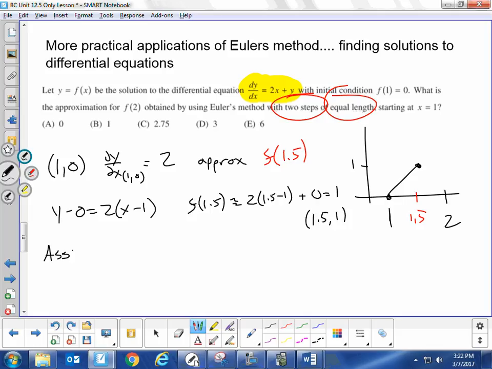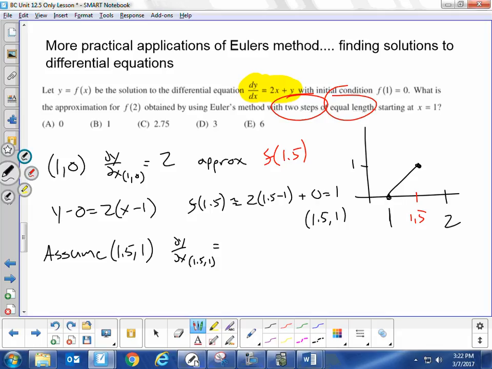I'm going to assume (1.5, 1) is on my solution to my differential equation. So I'm going to find its derivative as if it was on my equation. So I will be able to plug in dy/dx at (1.5, 1). Though we know this isn't on the solution, we are assuming it is to get the slope of its line to get us a better approximation.